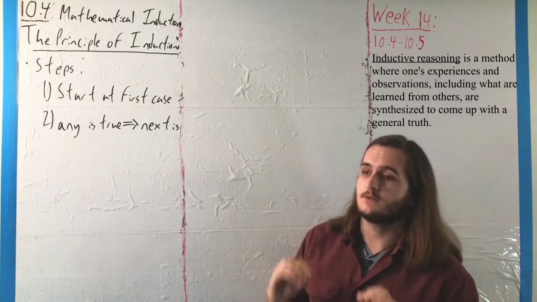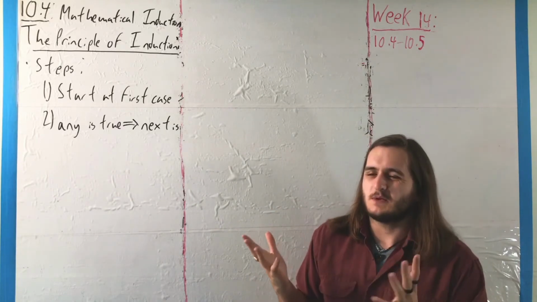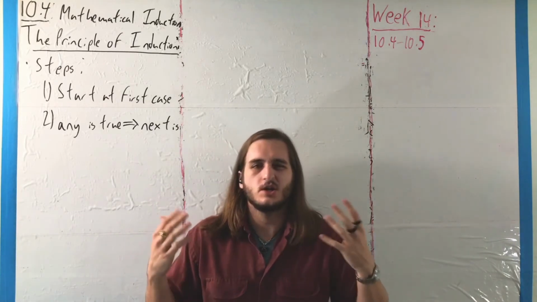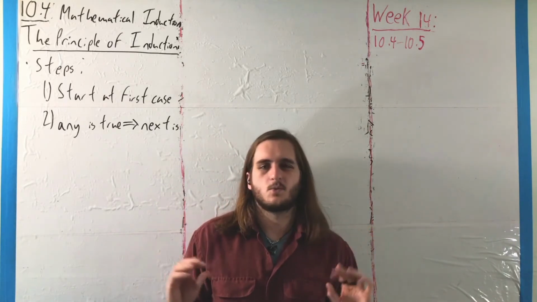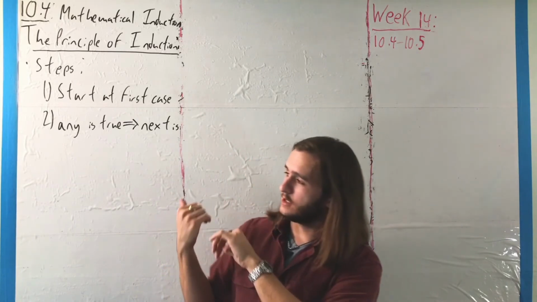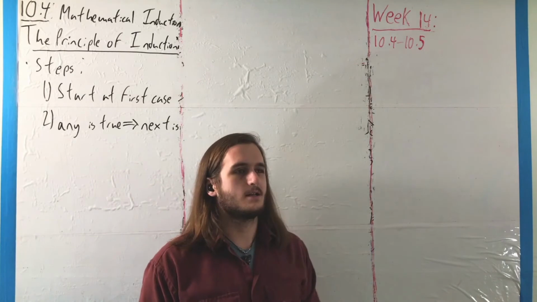That would be inductive reasoning. But just because we have those cases and can draw those general conclusions doesn't mean they're necessarily very good, but it's worthwhile to think about what that idea is. But anyway, I got a little distracted.